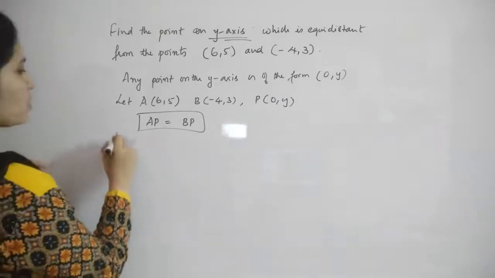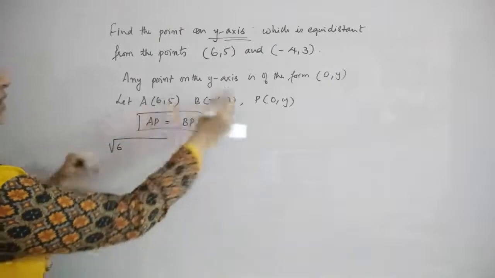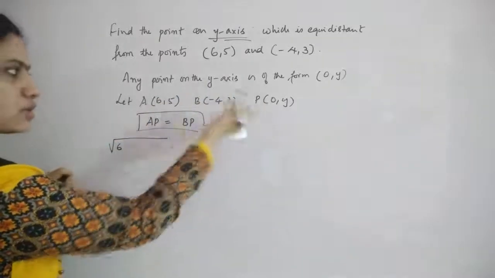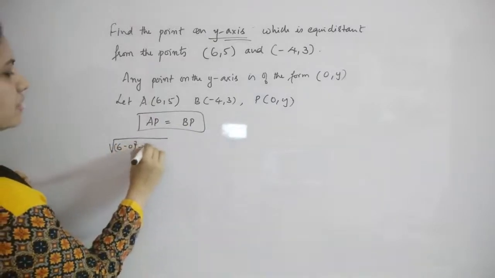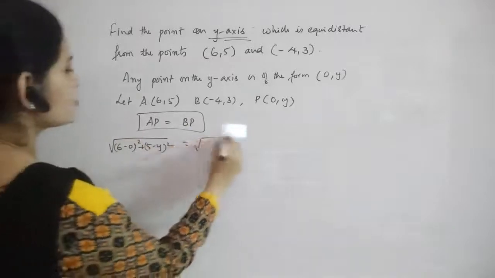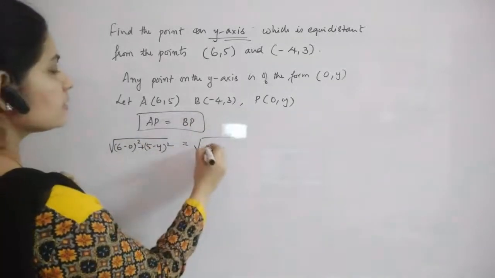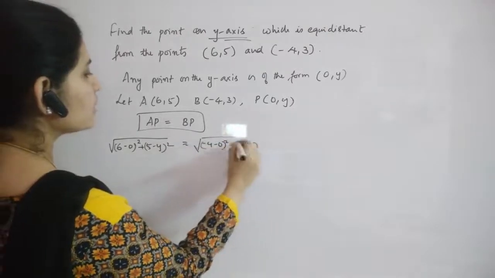Okay, so root of AP is what? This one. So you'll get root of (6 minus 0) the whole square, or (0 minus 6) the whole square will give you the same thing, plus (5 minus y) the whole square is equal to root of, again this will give you (minus 4 minus 0) the whole square plus (3 minus y) the whole square.